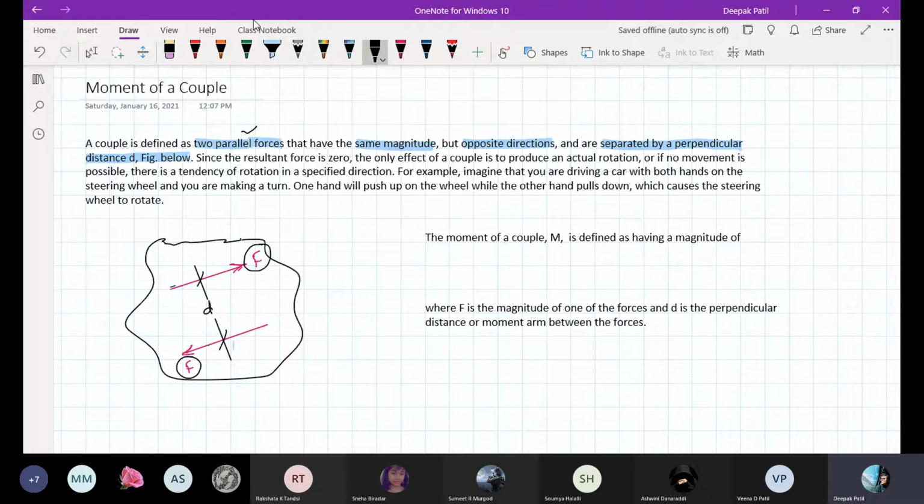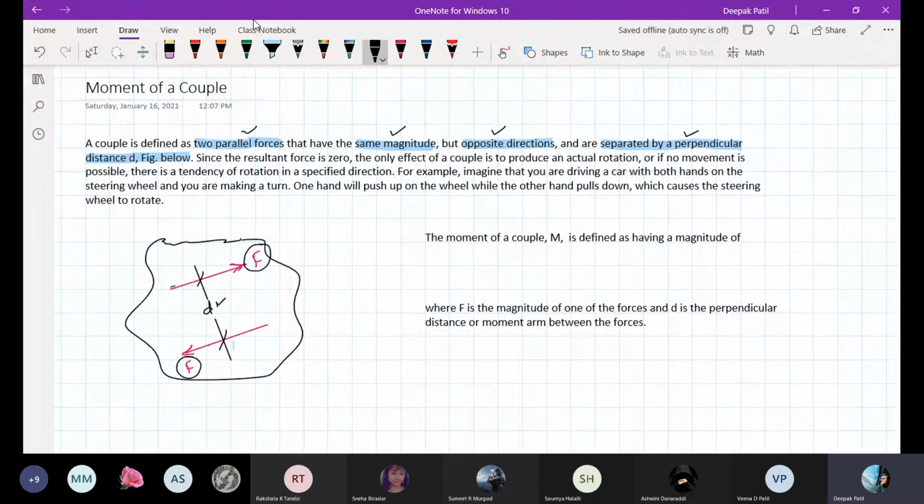Both of them should have the same magnitude, that is F. And you can see this force is in this direction and this force is in the other direction, so they should be in opposite directions. And the fourth one, they should be separated by a perpendicular distance d. You can see here they are separated by a perpendicular distance d. Now, when this happens, we call it a moment of a couple.